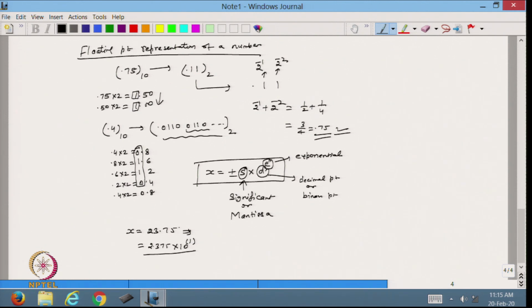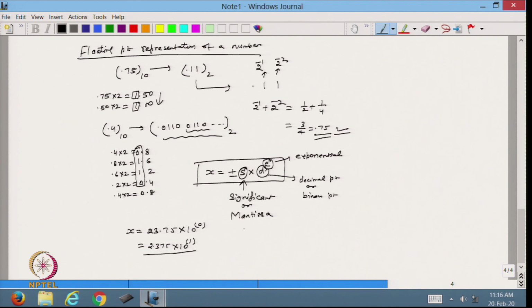In this case the same number, if somebody asks me to write the same number, can be written as 10 raised to power 0. The only thing is that here we have 2 digits before the decimal, and in this case we have 1 digit before the decimal. So, we have to define what is basically a well accepted form of the number.